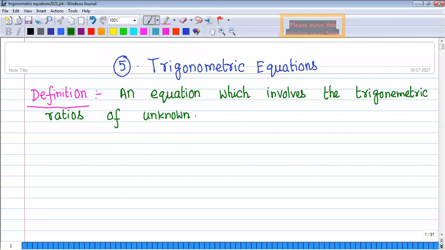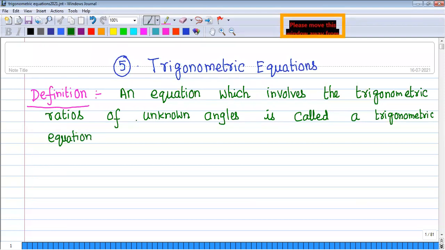Unknown, not known. Unknown angles is called a trigonometric equation. So this is the concept of the trigonometric equation.